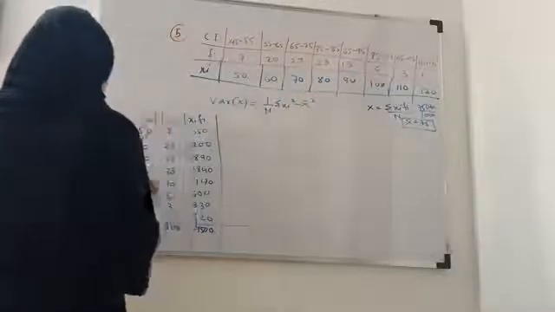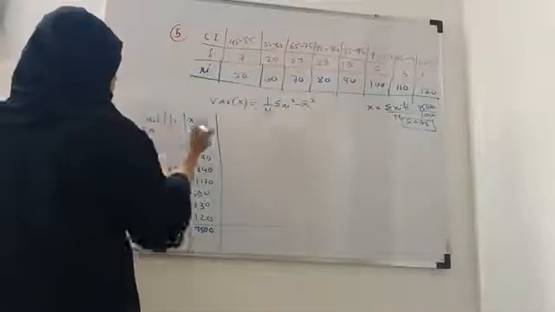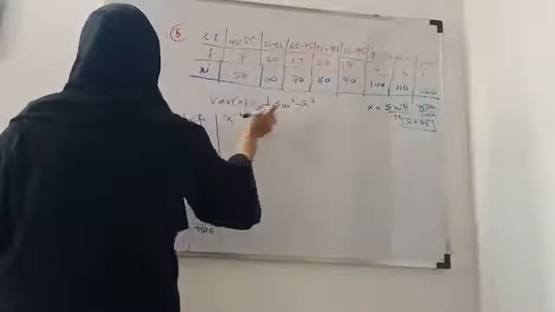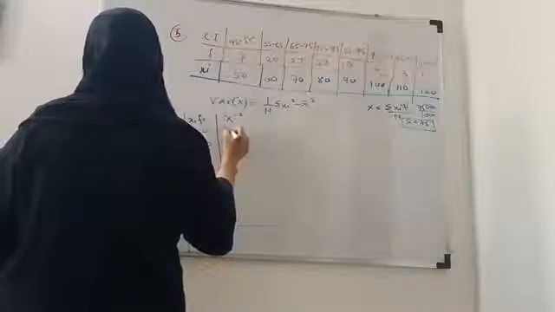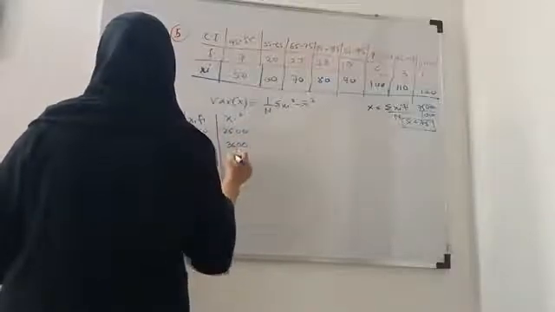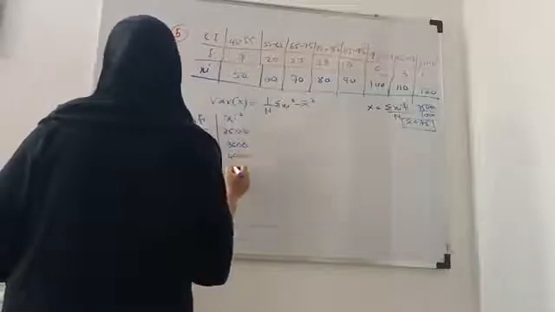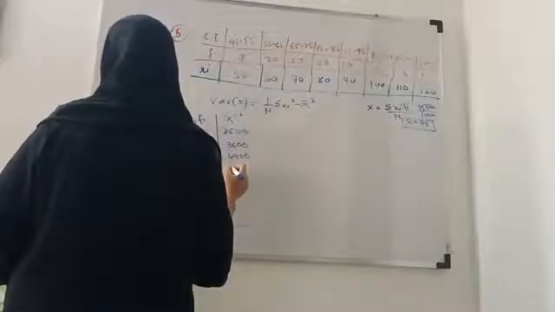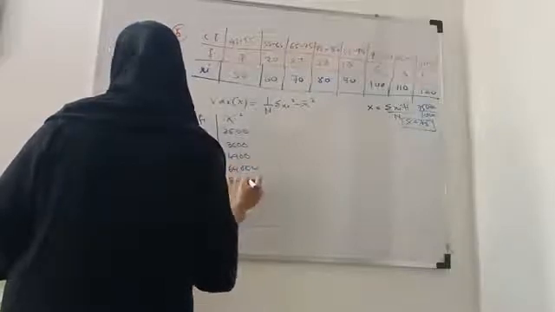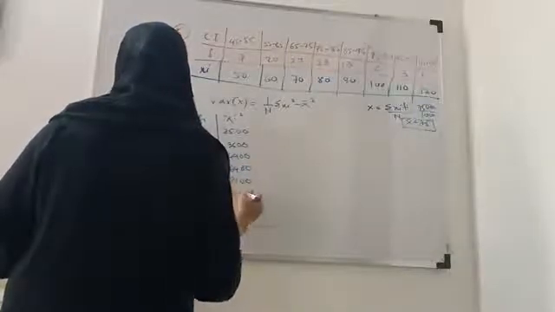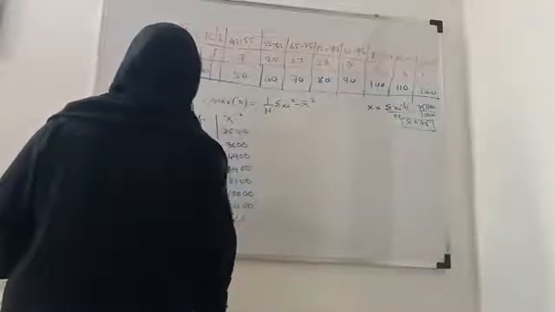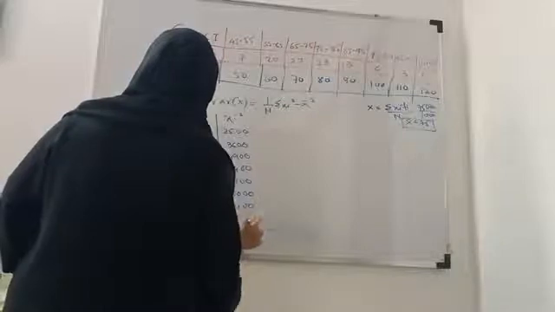So we will find out the square of these terms, that is xi square. We require this term. So xi square means this is 25 00, 36 00, 49 00, 64 00, 81 00, 121 00 and 144 00.